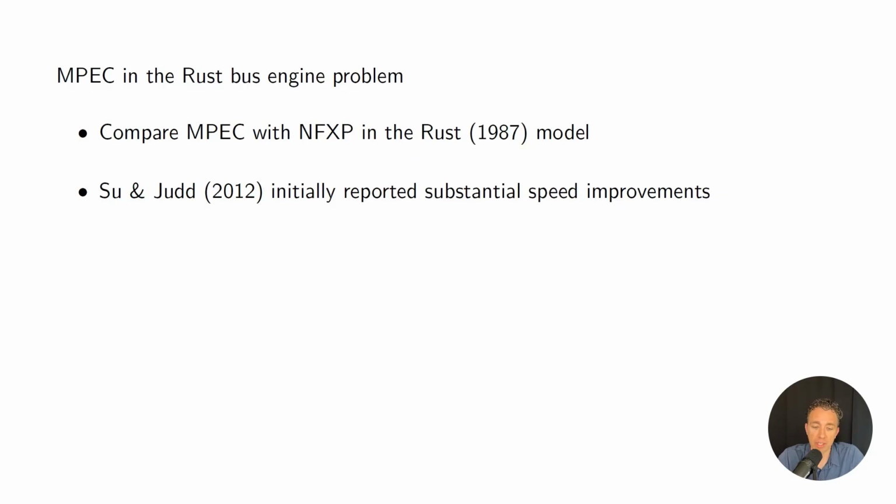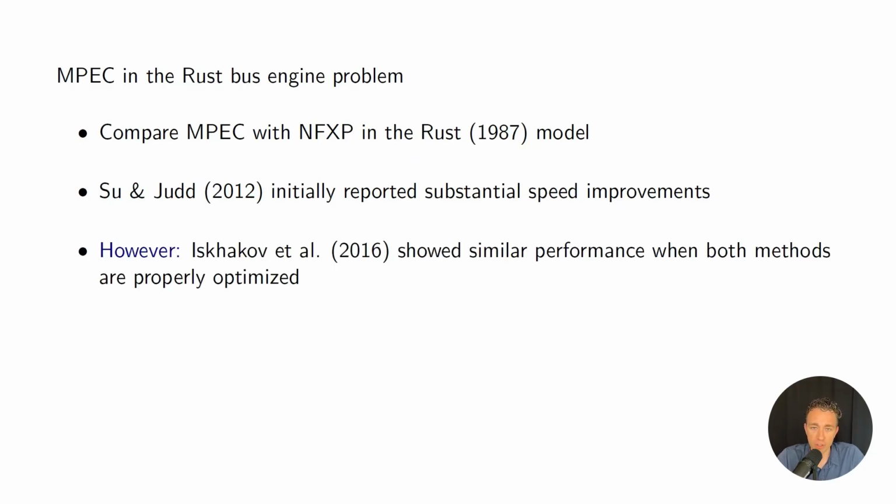However, 4 years later, a large number of co-authors, including John Rust, published a rejoinder that showed that it wasn't a fair horse race in the Su and Judd paper, and that the optimization performed pretty similarly regardless of which method you used if you set it up in a way that they were comparable. So I'm not sure where this leaves MPEC as a method.